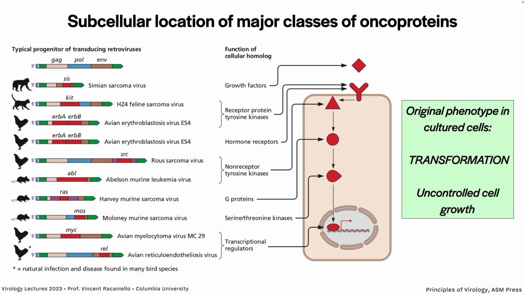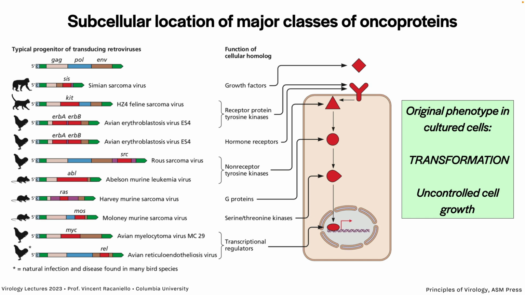There are many. So every component of that pathway, the growth factor receptor, the tyrosine kinases, the cellular signaling proteins, the transcriptional regulator, the genes for each one of these has been picked up into a different retrovirus. So, for example, if one of the transcriptional regulators is being overproduced in a retrovirus, the cell is going to be dividing because you're turning on all the genes you need for division.